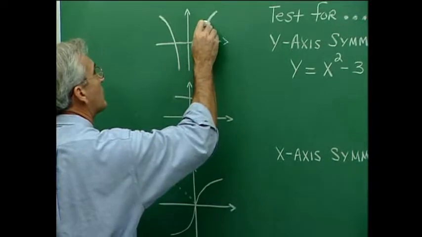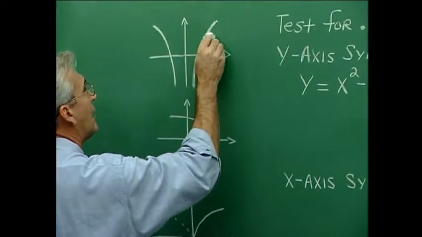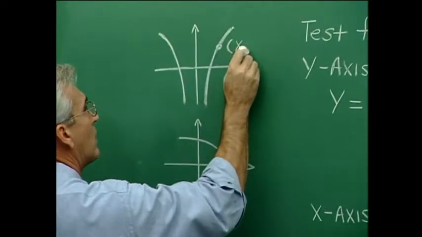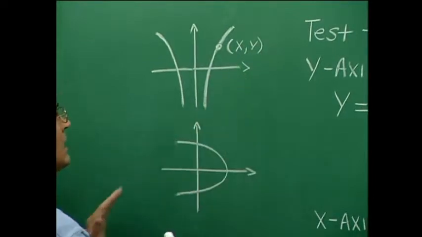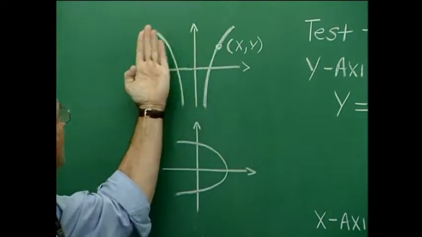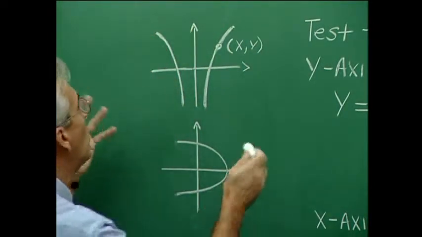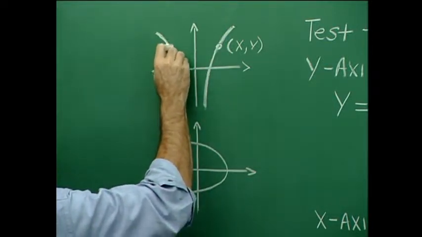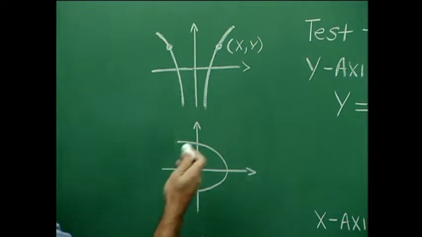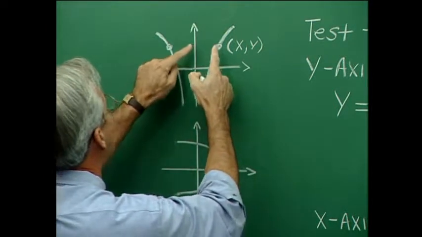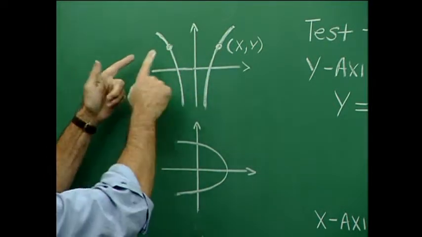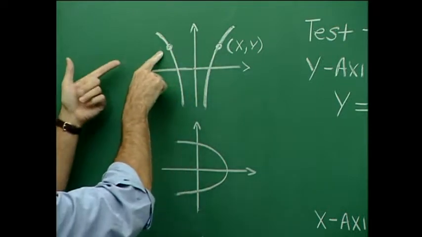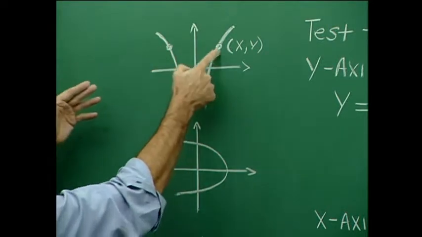Suppose I take an arbitrary point on this part of the graph, and the coordinates of that point are x, y. And I make this fold. I go through that folding process. Where does this point end up? It ends up right over here. Now, what are the coordinates of that point? All we did was fold along the y-axis, so the x component just came over here, and now it's the negative of that x.